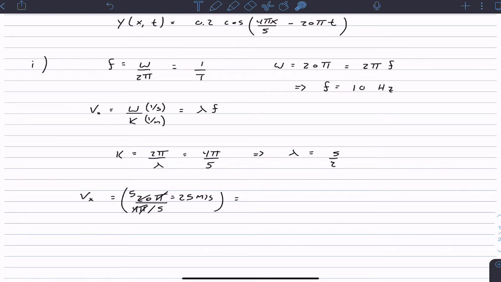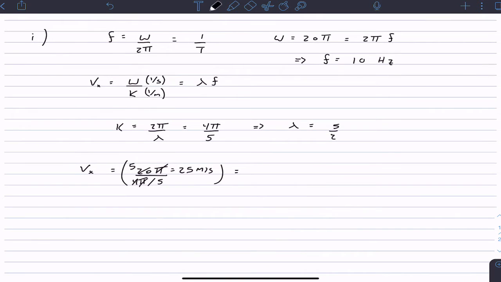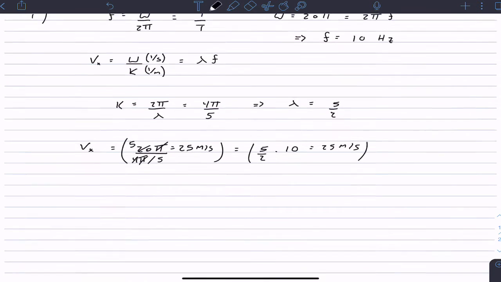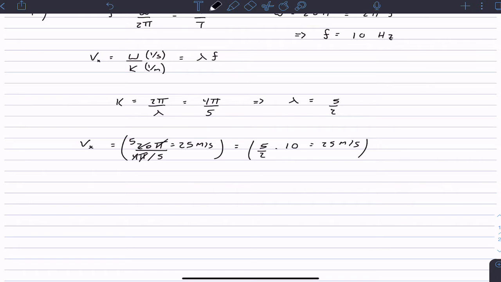Also, I'm going to plug in the other one now, to show you that there's 2 ways to do it. Why not? It's fun. Okay, 5 halves times 10. So 50 divided by 2 equals 25 meters per second. It's the same. Look at that. So the speed of the wave is 25 meters per second.